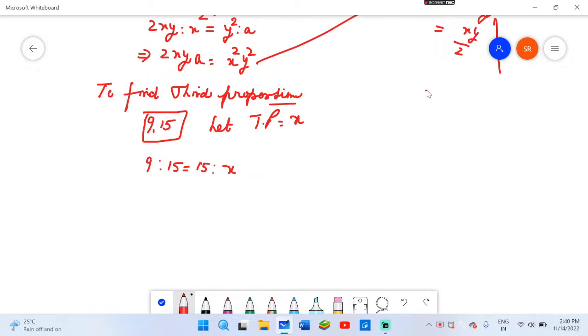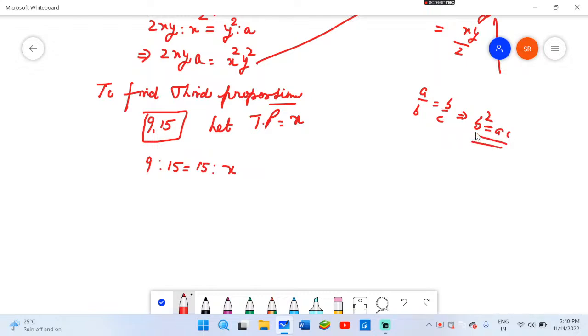I've told you if A upon B is equal to B upon C, then A, B, C are said to be in continued proportion, and then the result is B square is equal to AC.